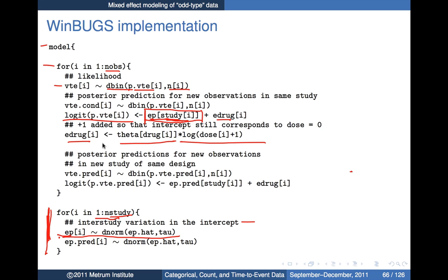So to deal with the hierarchy, you have a separate loop for each level of the hierarchy. We've got our interstudy variation in the lower loop. By the way, the order of the loops is unimportant. You could flip these around and it would still work. And then I have the upper loop here, which is looping over all my observations.